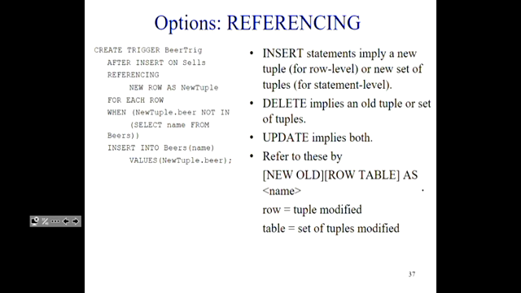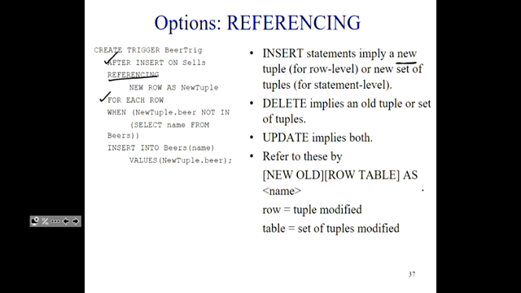Then there is the referencing construct, so we've done for each, we're now at referencing. So an insert statement has either a new tuple, if it is a row level case, or a new set of tuples, which is a statement level trigger. Deletion, once again, has an old tuple or a set of tuples.